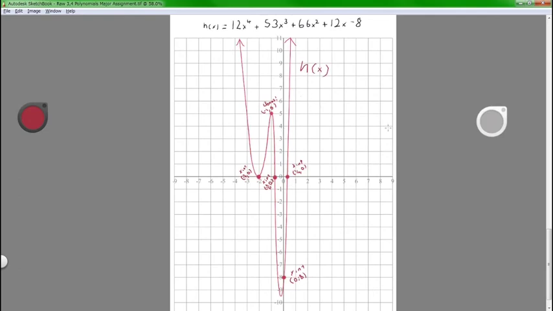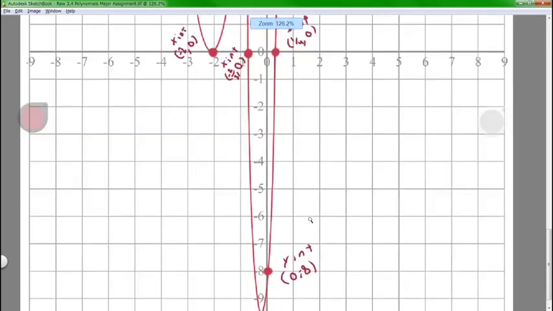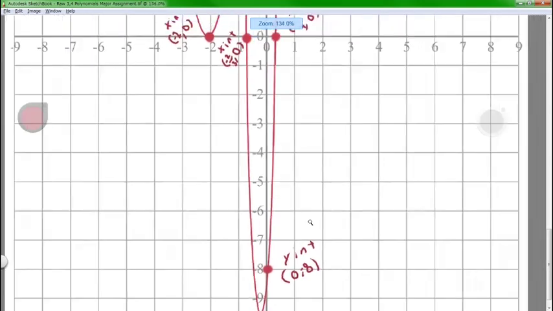Then you have the x-intercepts right where they should be, so there's negative 2, and then there's one right before where that 1 is. So it's at negative 2/3, and then there's the other one at positive 1/4. All at 0, of course. And then you have the y-intercept, which is at 0, negative 8.